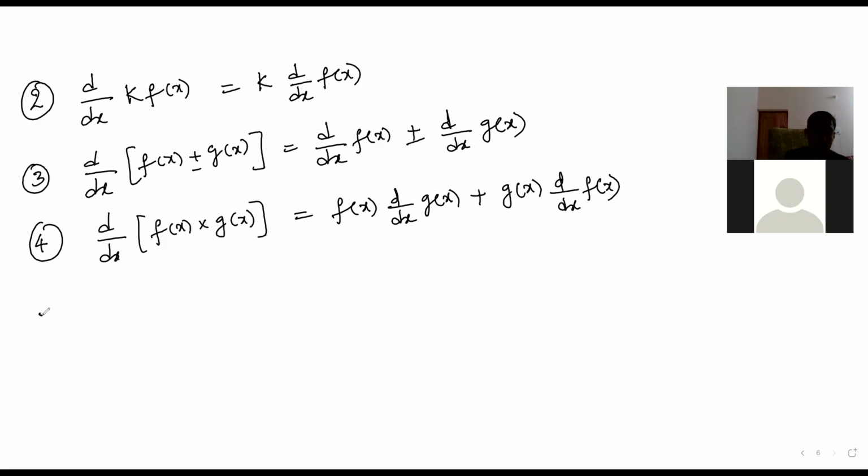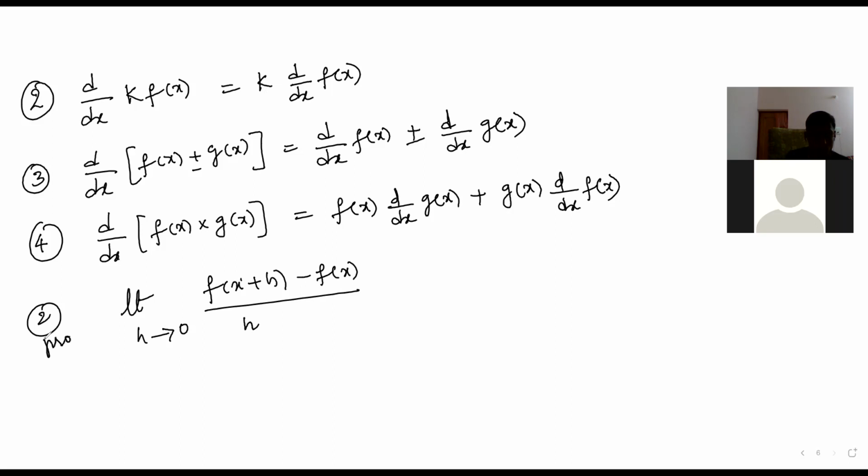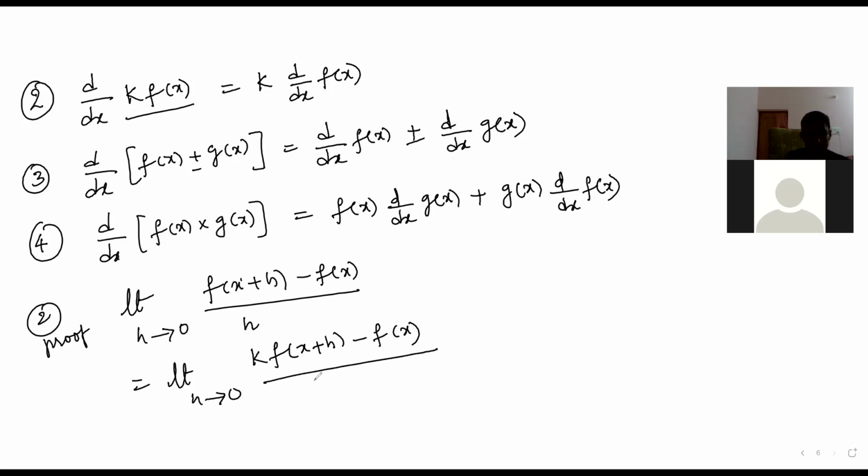Second one, the proof is easy. Limit h tends to 0 of f of x plus h minus f of x by h. For the second one, f of x plus h becomes k f of x plus h, minus k f of x, by h.